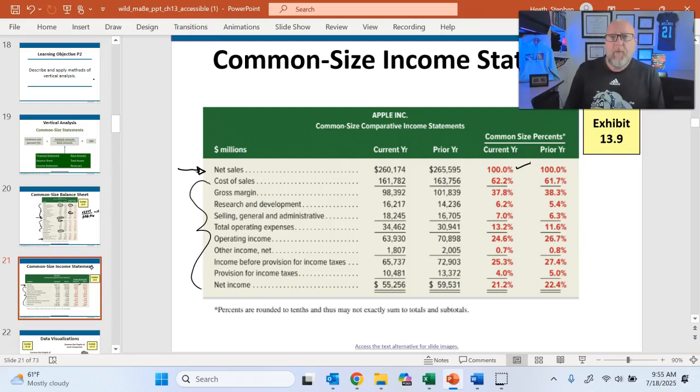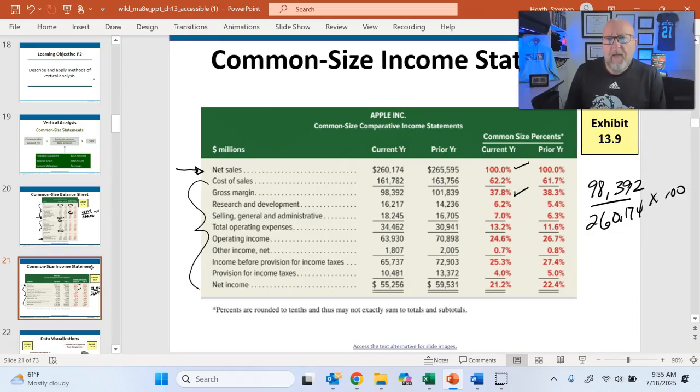Then we can do gross margin as a percentage of net sales, and that would just be 98,392 divided by 260,174. Obviously, we have to multiply it by 100 if we want to determine the percentage, but you do that formula and you're going to get 37.8%.